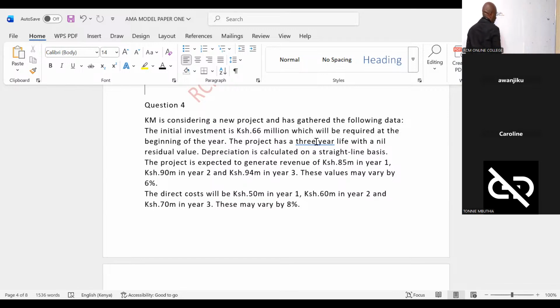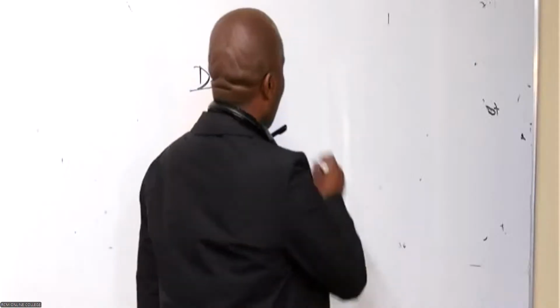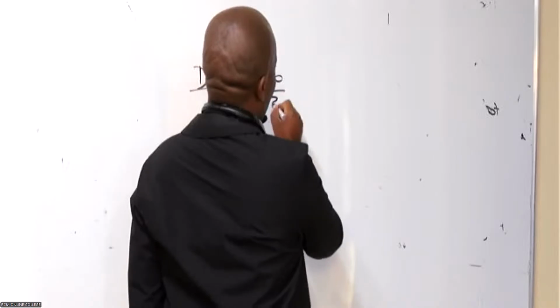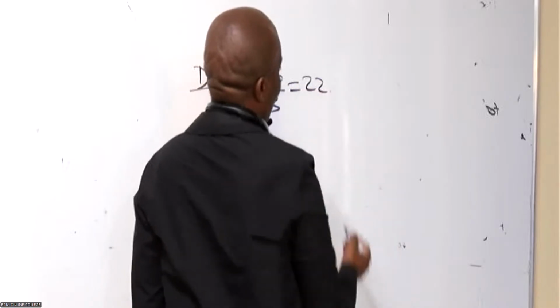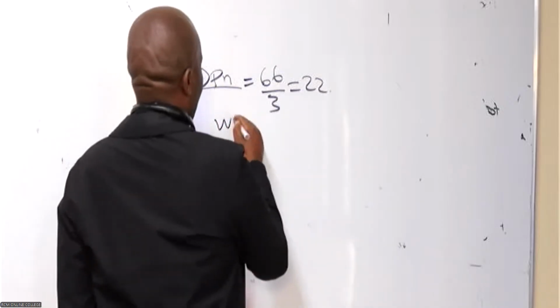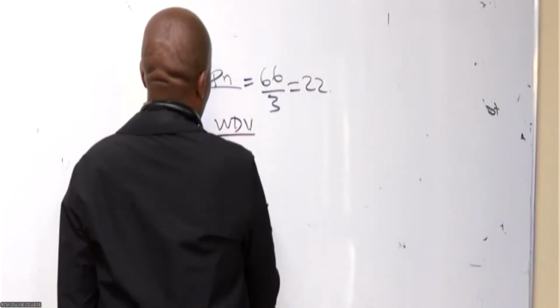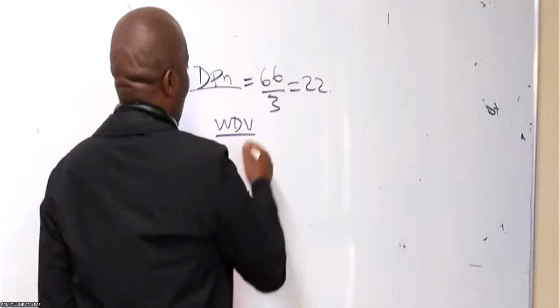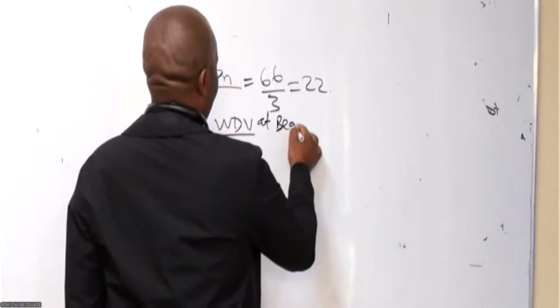Straight line basis and no scrap value, so basically it will be 66 divided by 3, which gives us 22. Then you can even go ahead and give us the written down values for each of those 3 years, at the beginning.